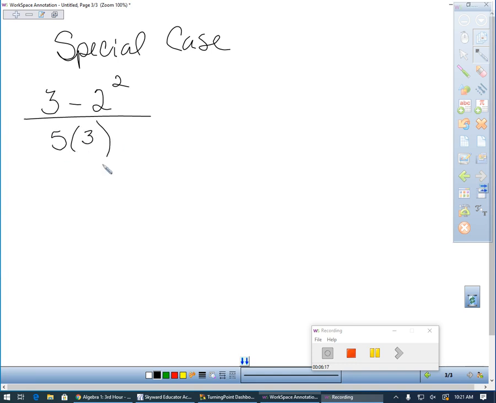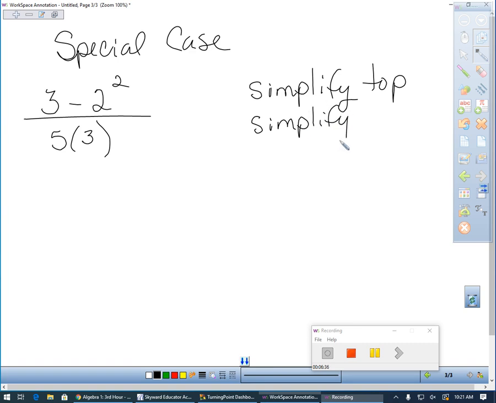Okay? So, anytime it's in fraction form, what we're going to do is first simplify the top. Then we're going to simplify the bottom. And then we divide last.